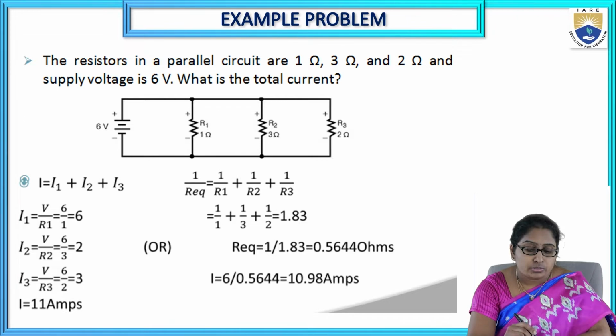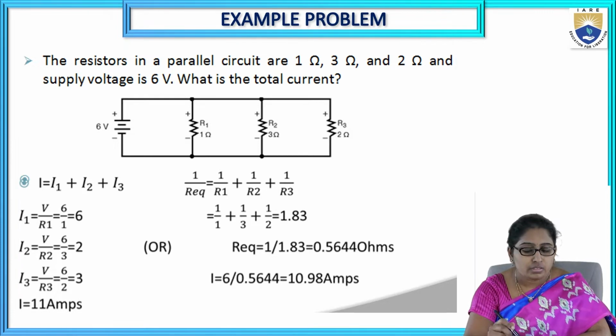That is given by 1 by R equivalent equal to 1 by R1 plus 1 by R2 plus 1 by R3. So that is calculated as 1 by 1 plus 1 by 3 plus 1 by 2, which gives 1.83. So now R equivalent equal to 1 by 1.83, which gives 0.5644 ohms.